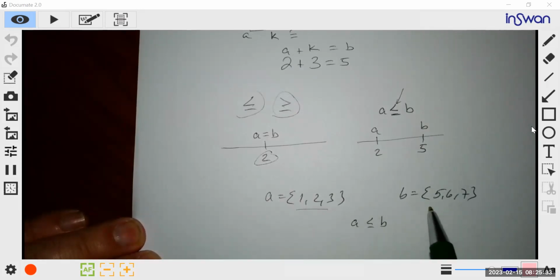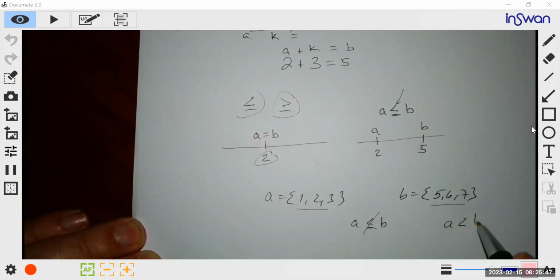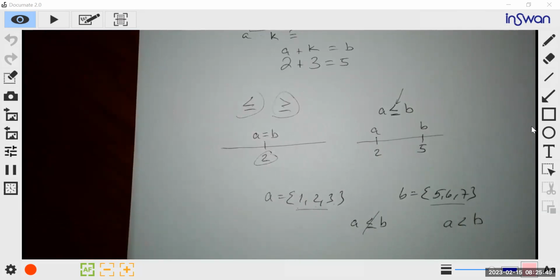Are all these numbers less than these numbers? Can they be equal? No, these are numbers 1, 2, and 3, and 5, and 6. So they can't be equal. These two sets are strictly unequal. They can never be equal.